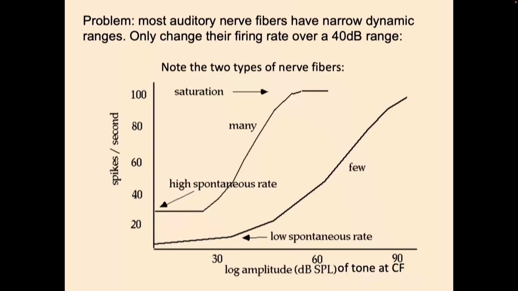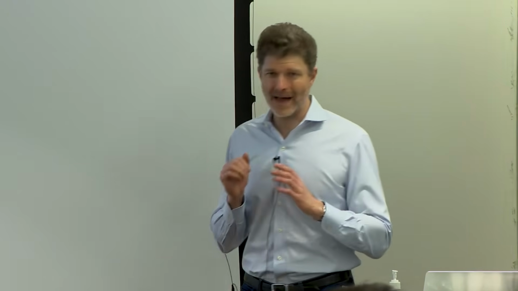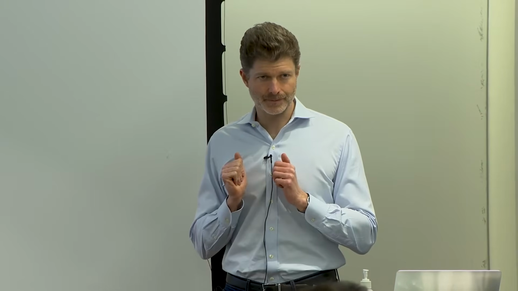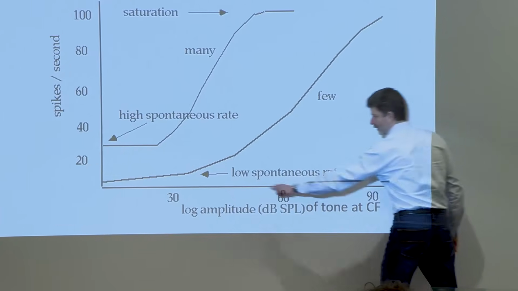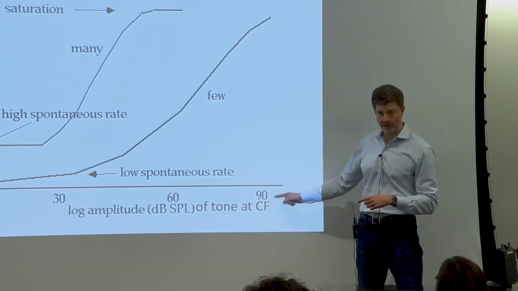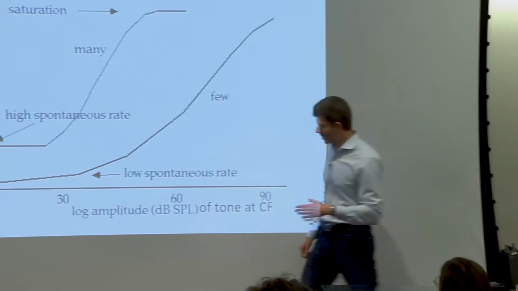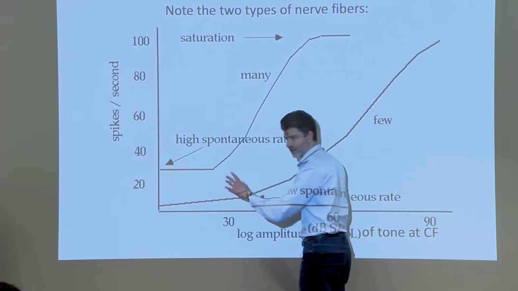One of the reasons that people have thought this is interesting is that if you look in the nervous system, and in particular in the auditory nerve, most auditory nerve fibers have narrow dynamic ranges. What that means is that if you measure the response of a nerve fiber, in this case in spikes per second, as a function of the intensity of a stimulus, in this case a tone at the characteristic frequency, when the intensity is too low, you just get the spontaneous rate of the fiber.